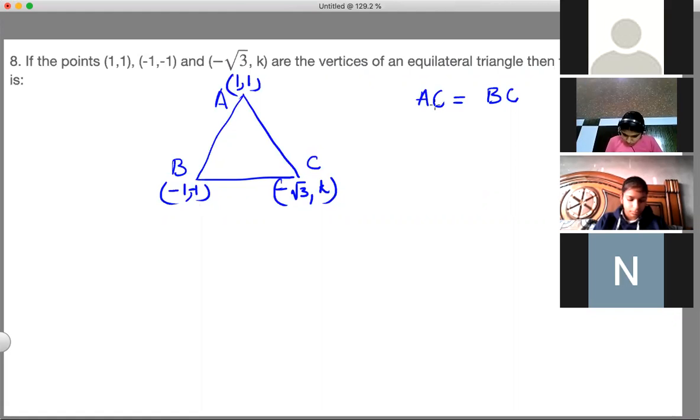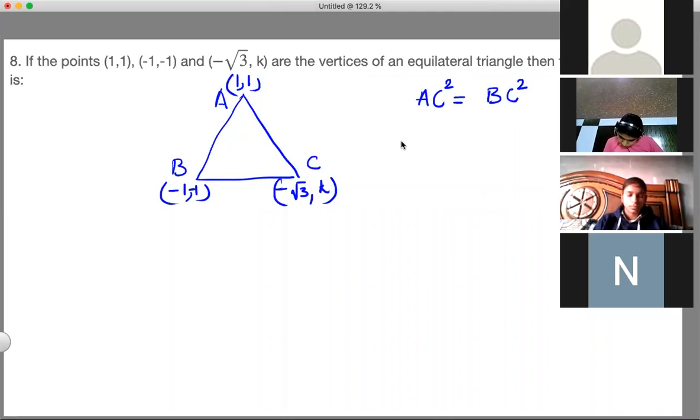So rather than doing AC is equal to BC, to make our life easier, we can do AC square is equal to BC square, so that we don't deal with the square root. Let's try that.